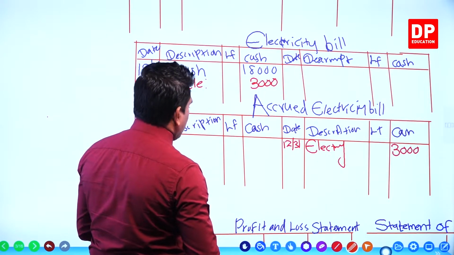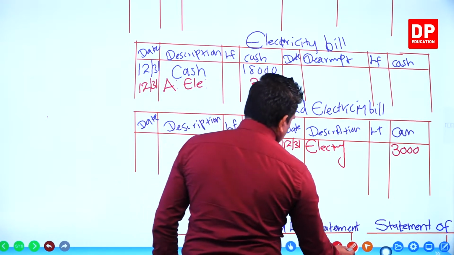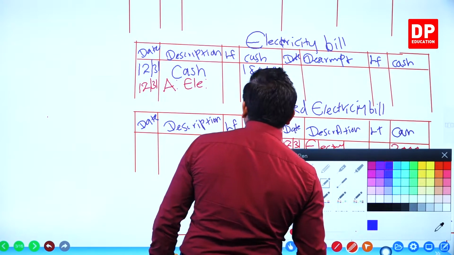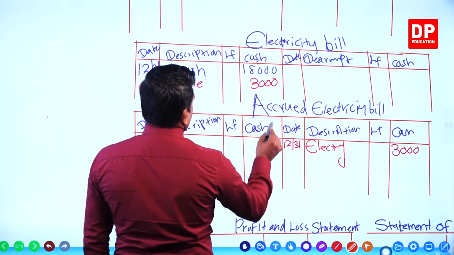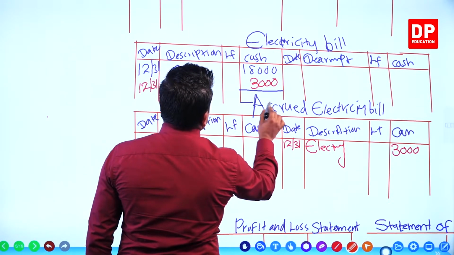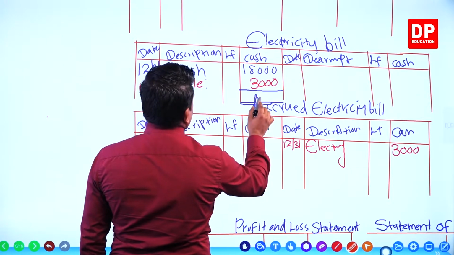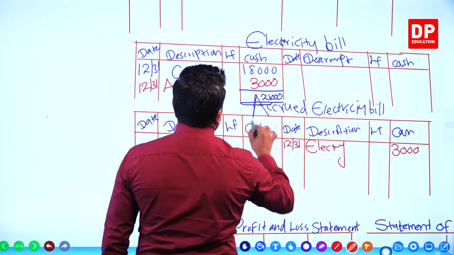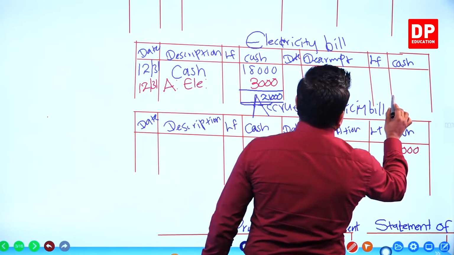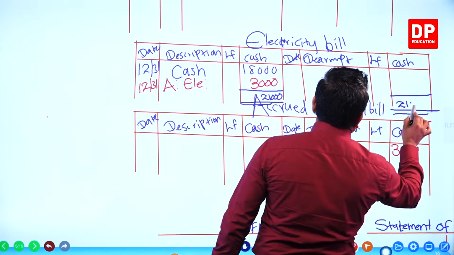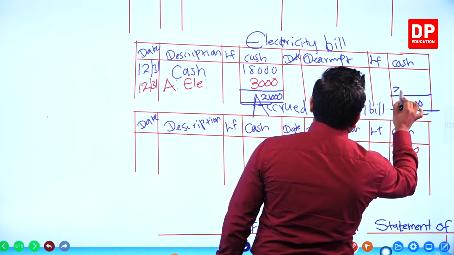Then you can get the total. Again I change the color. Say how much? 18,000 plus 3,000. How much? 21,000. Here 21,000.